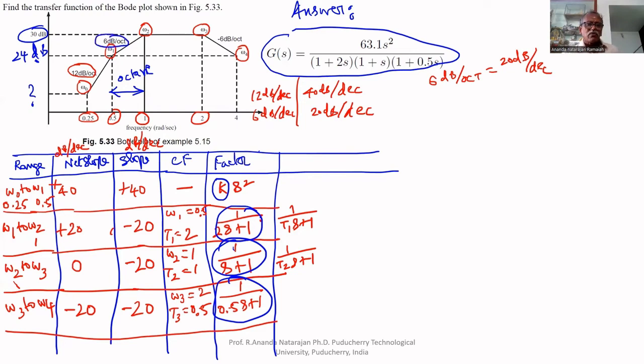Therefore, 30 minus 6 is 24. Here it is 24 dB. Going another octave, that is 2 octaves, we subtract 12. Therefore, here it is 12 dB.